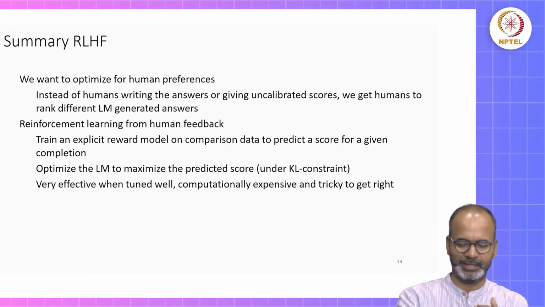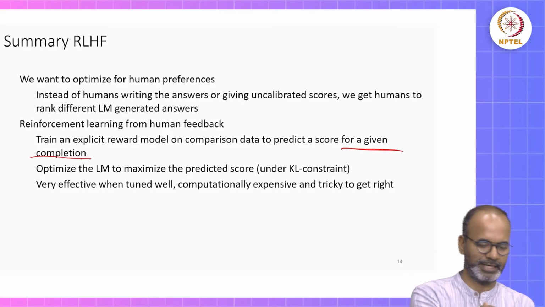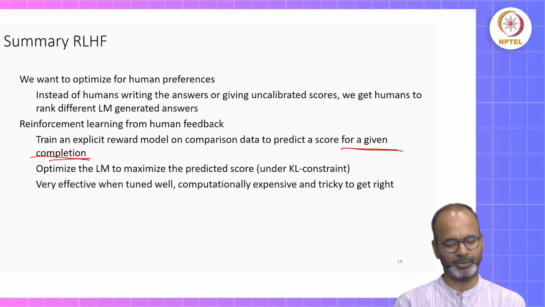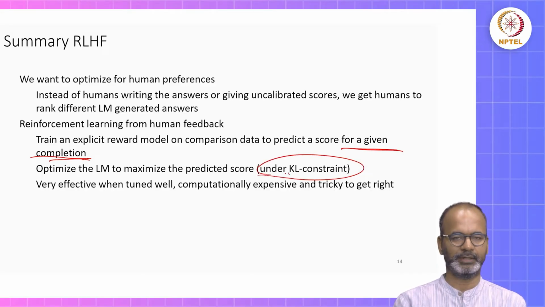Again, next word generation, sentence completion is the primary goal that we are keeping. Optimize the language model to maximize the predicted score, which is the KL divergence that we saw. Very effective when tuned well, but computationally expensive and tricky to get right.